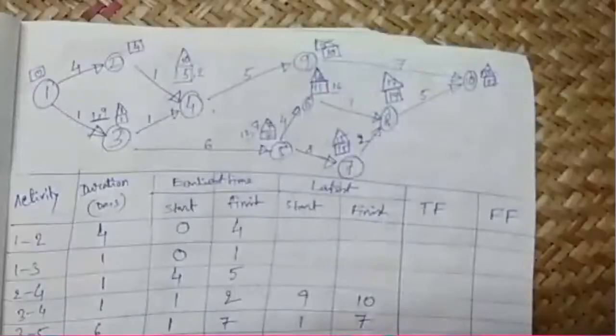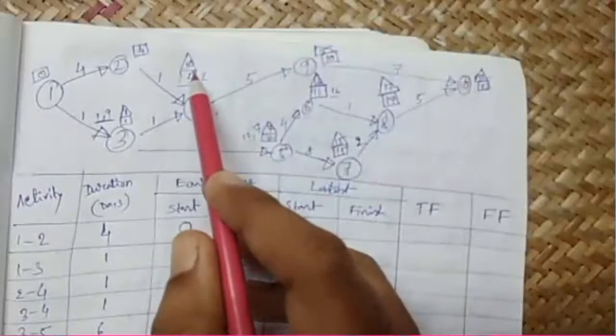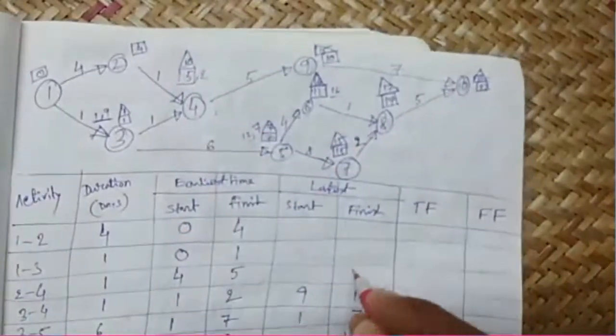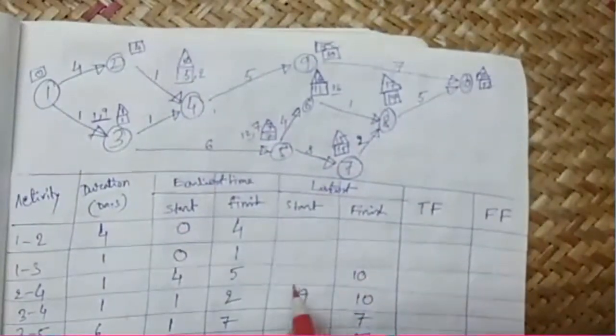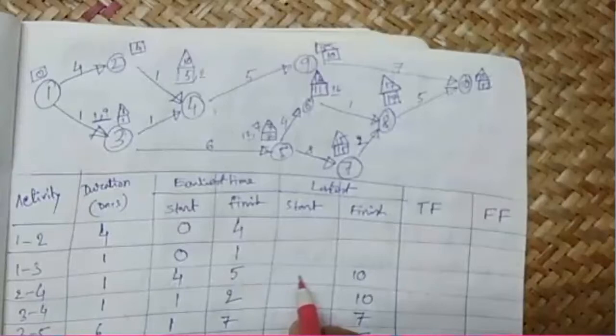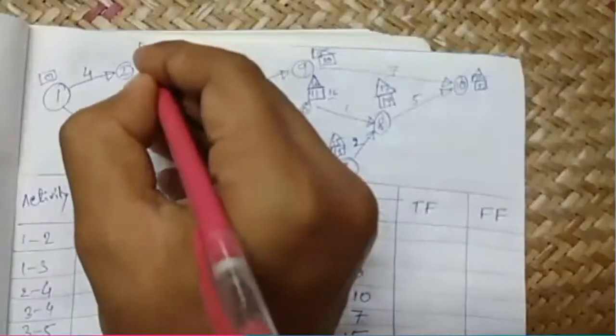Okay, now 2 4. 2 4 has the latest finish of 10. Here we can see, so we'll write 10 blindly, and then the latest start of 2 4 will be 9. So we will write 9 over this rectangle.